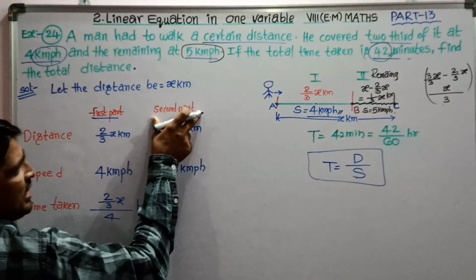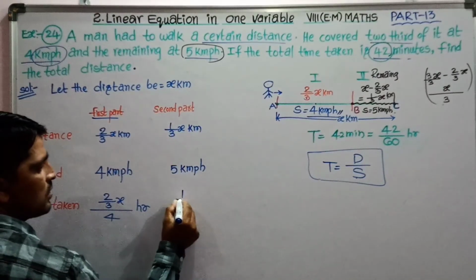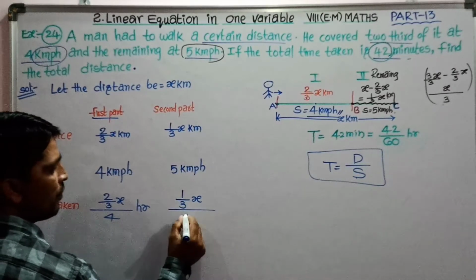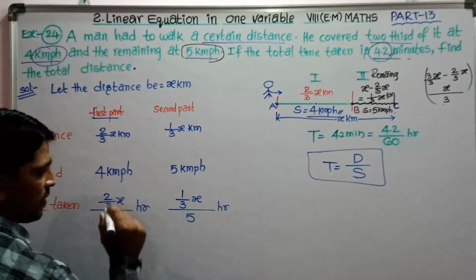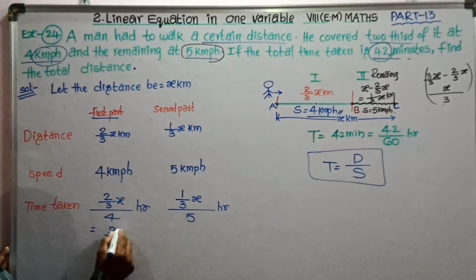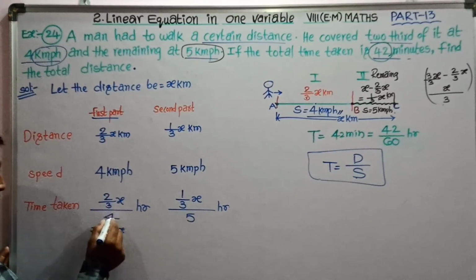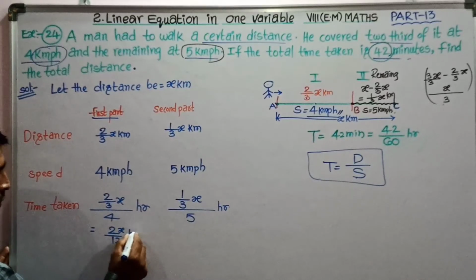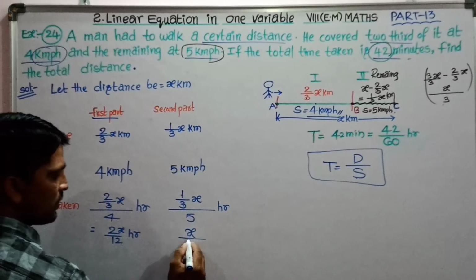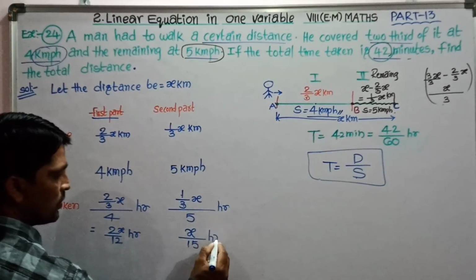And to cover the second part, the time is 1/3 x by 5 hours. Let us simplify it. 2x by 3 into 4 is 2x by 12 hours, and this is 1 into x by 3 times 5, which is x by 15 hours.